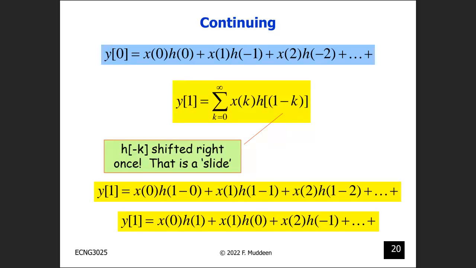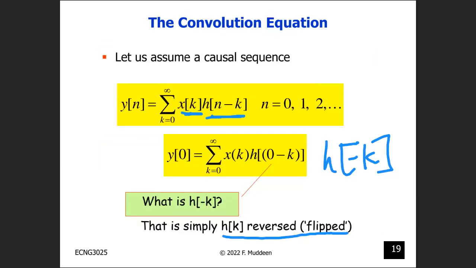by continuing the expansion, let k equal to 0, k going from 0 to infinity.